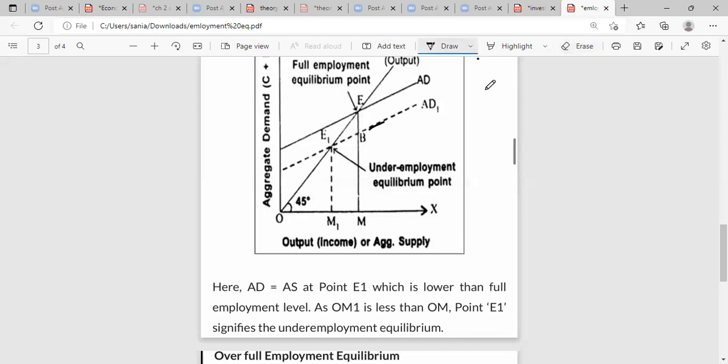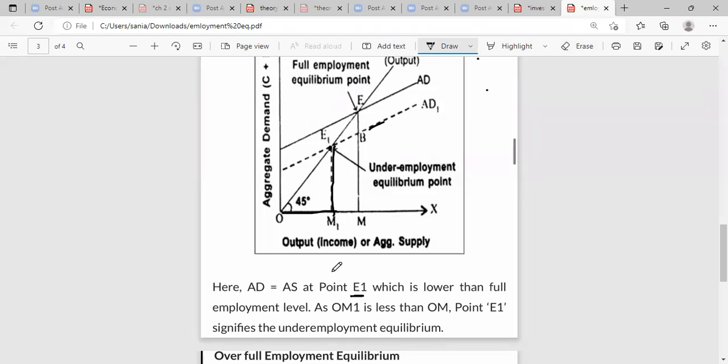Because we are discussing underemployment. So you are getting the equilibrium here, not here. So here AD is equal to AS at point E1, which is lower than full employment level. As OM1 here, what will happen? Your OM1 will be equal to E1M1. Clear?